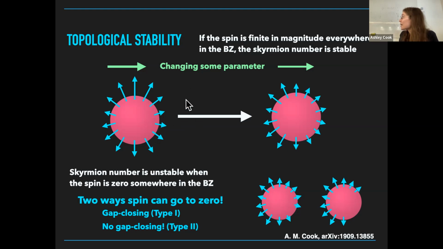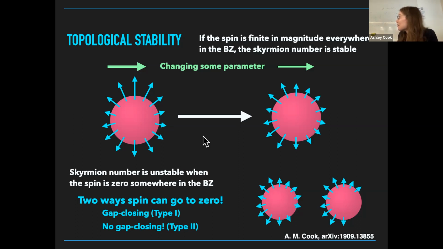The idea is that you could tune your system by some parameter epsilon, and you're always guaranteed that there is some sufficiently small but finite epsilon such that maybe you change the magnitude of the spin vectors at different points in the Brillouin zone, but none of them went to 0. So the Skermion number is invariant under sufficiently small perturbations, which is our very broad and loose idea of what a topological phase is.